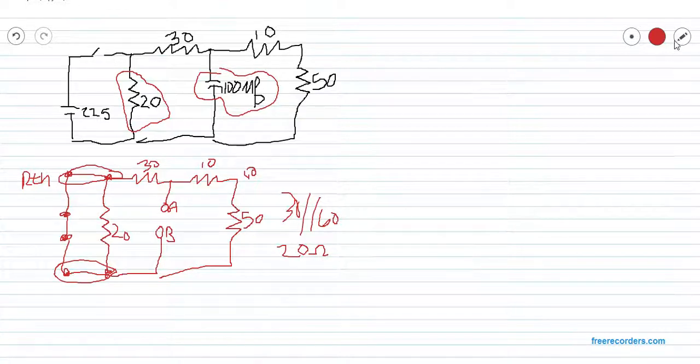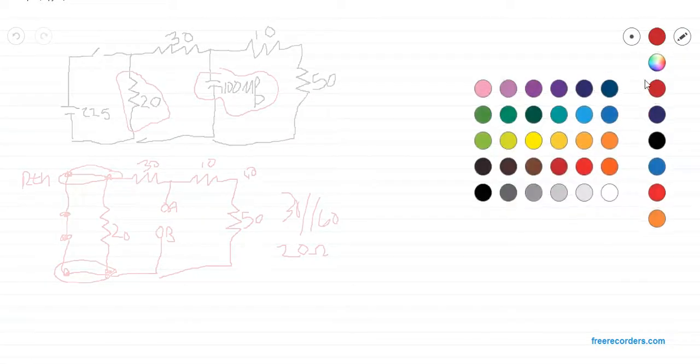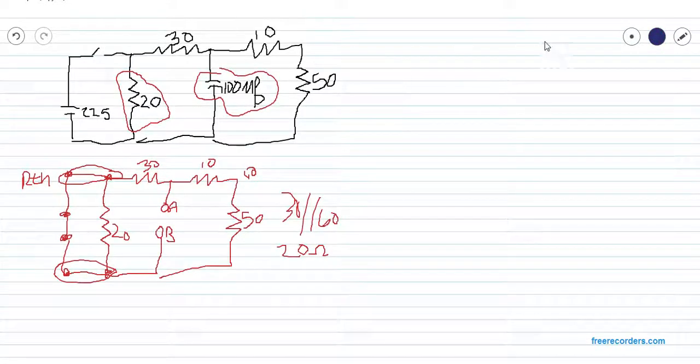Now the next thing we need to do is find the voltage across that capacitor. So we need to redraw this circuit. There's 225, goes through 20.